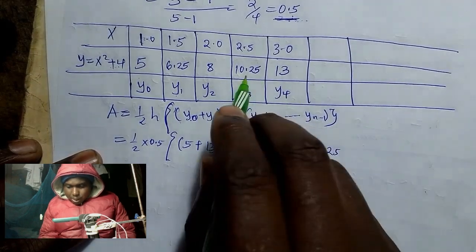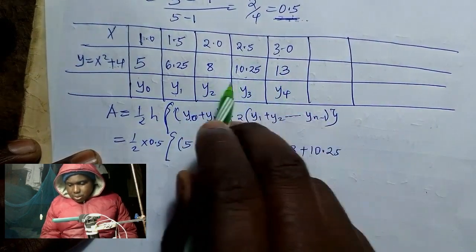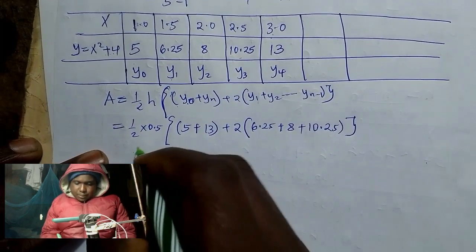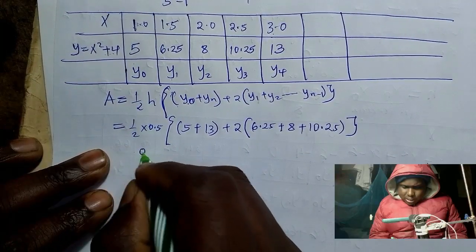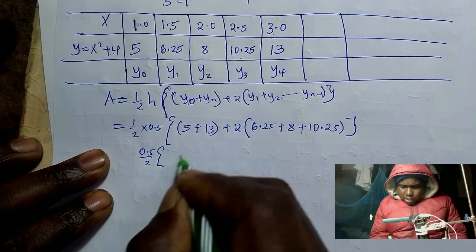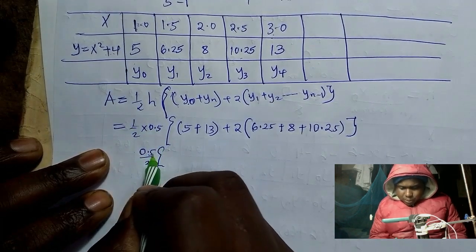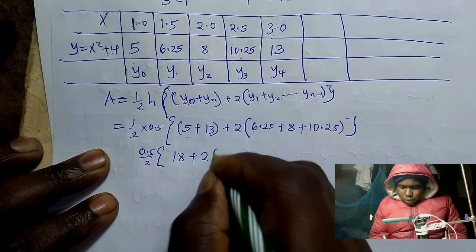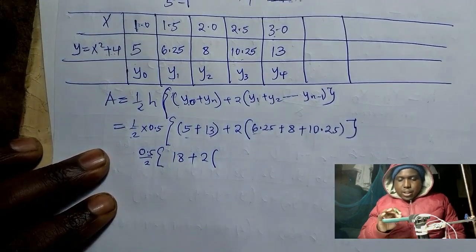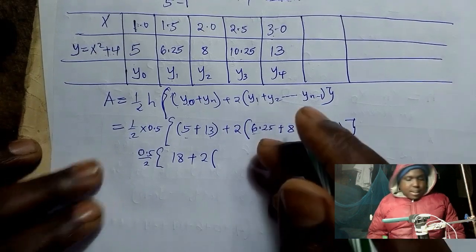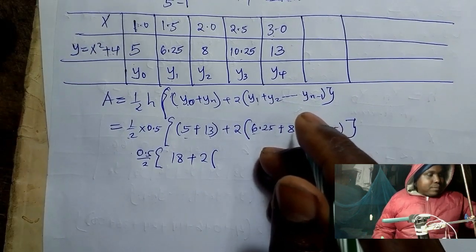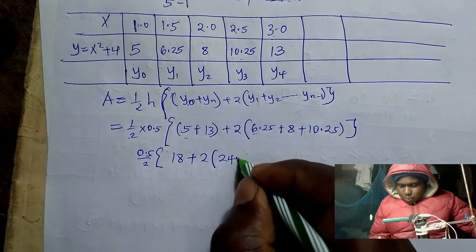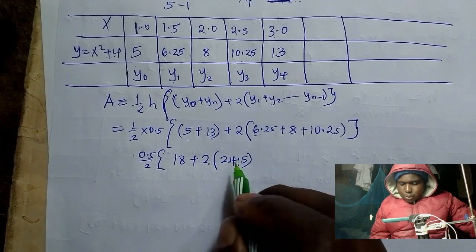So we have 0.5 over 2 outside. A half times 0.5 gives 0.5 divided by 2. Add this and this, which is 18, plus 2 into the sum of these. Get the total inside here, and the total is 24.5. 24.5 times 2 is 49.